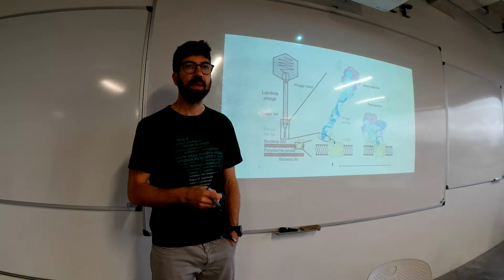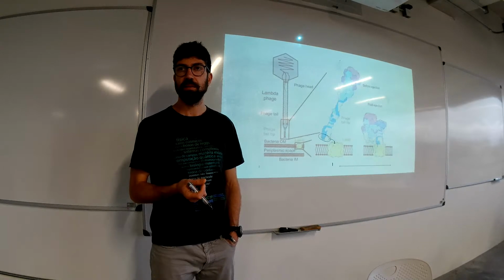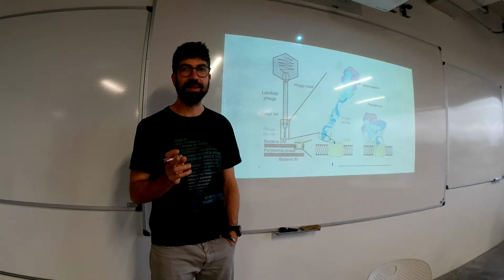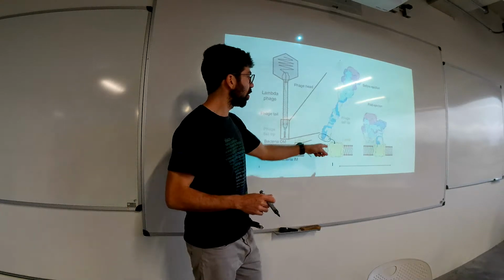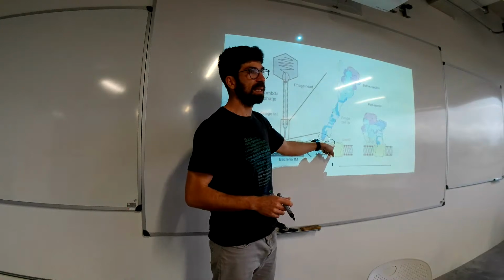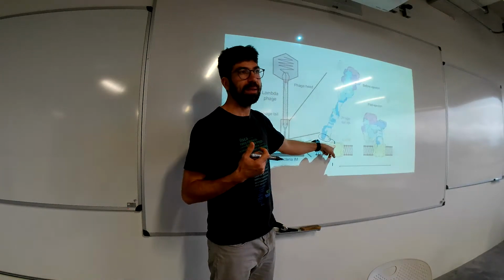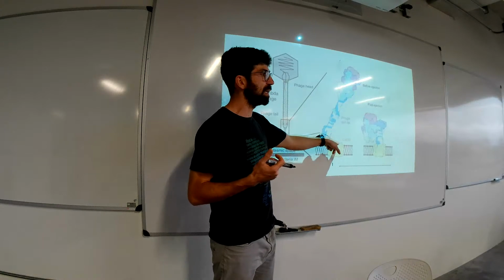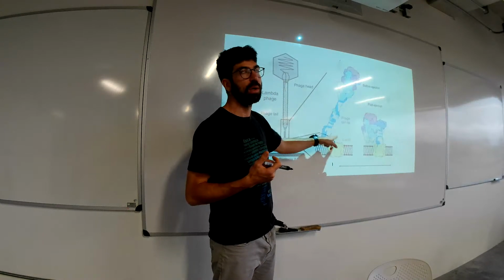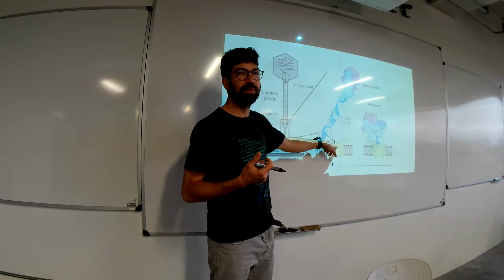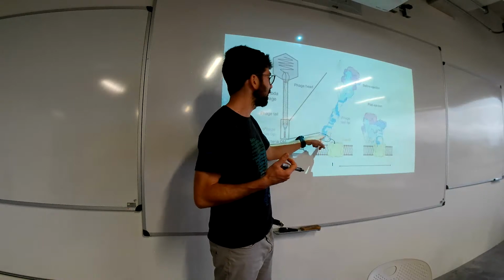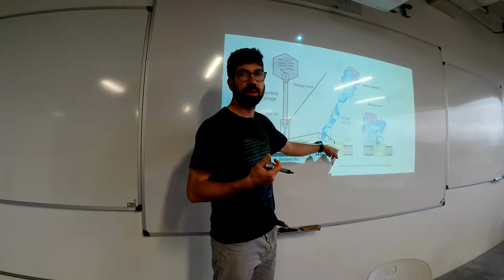What is best for bacteria? It's already more complicated, because on one hand, it's better not to be infected. The phages want their tail to be similar to the receptor.